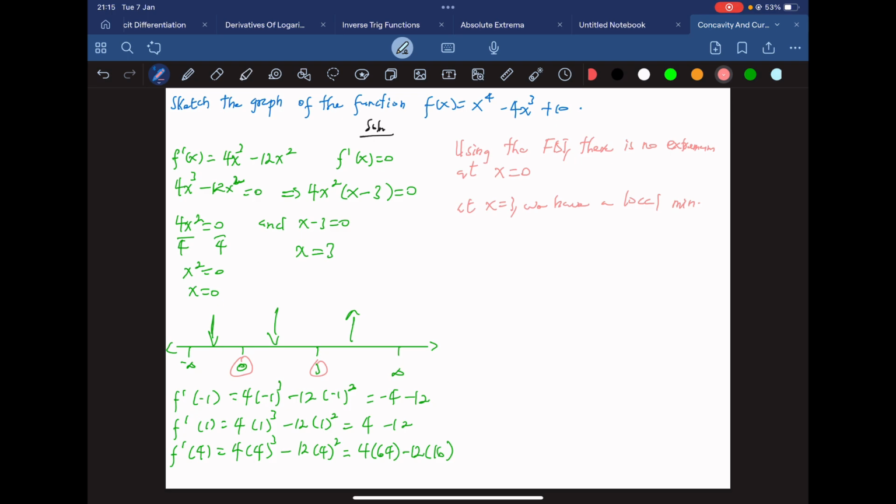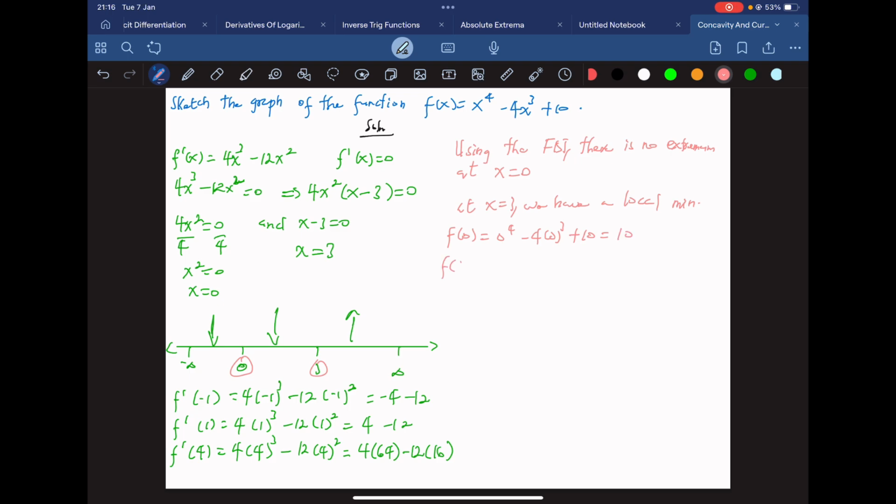Okay. So let's see. Now, since we have critical points 0 and 3, let's find their corresponding y values. So f of 0 will be 0 to the 4th minus 4 times 0 cubed plus 10. So that will give you just 10.